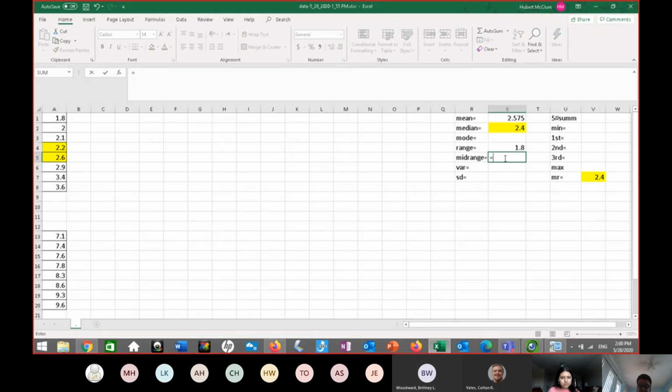Mid-range is equal to the highest plus the lowest, divided by 2. And where can all these formulas be found? On the stat formula sheet that I gave y'all. All right, so here I'm going to do this minus this, shift F4 or function F4, copy that.